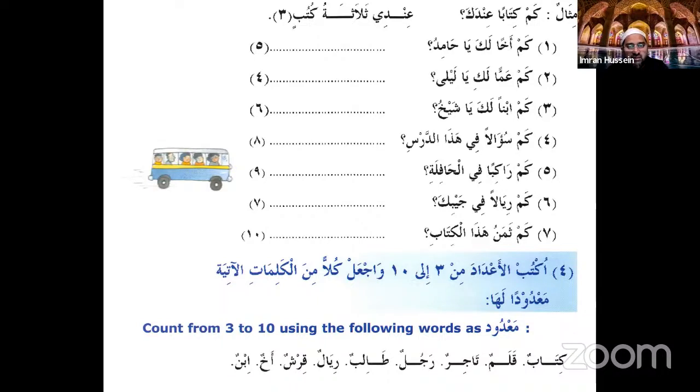So you say في هذا الدرس ثمانية أسئلة. The question is about the questions, not about the lesson. It's not في هذا الفصل or في هذا الكتاب. It's about the questions, not about the lessons.